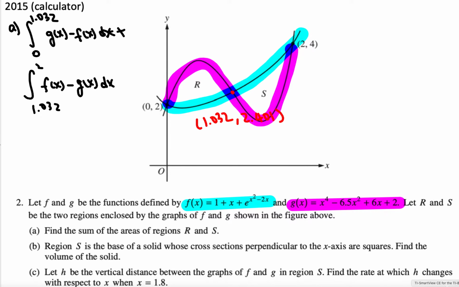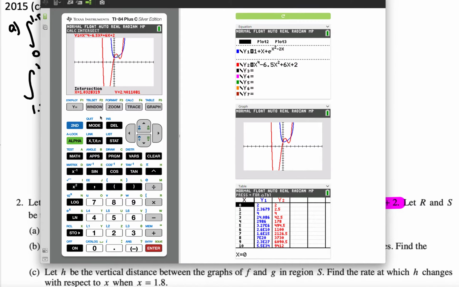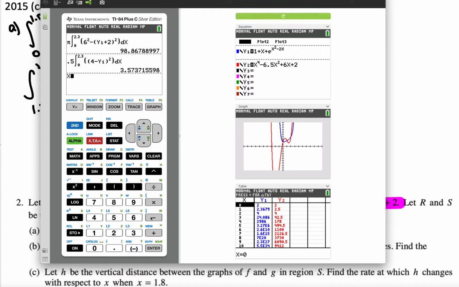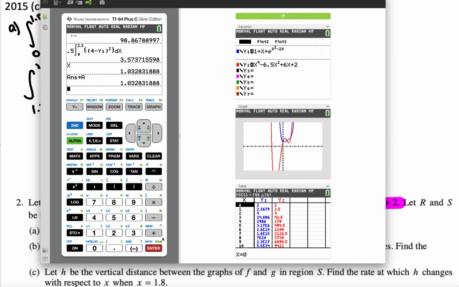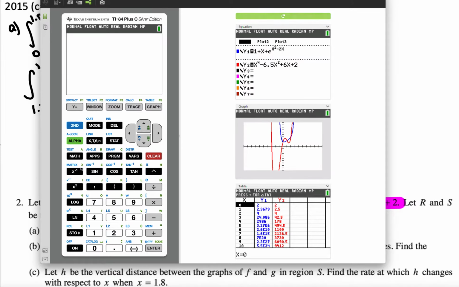So the way that I'm going to do with the calculator here is I'm going to quit, and if I type in x value, it's going to give me the intersection. So I'm going to store that to a, alpha a. And from now on, a is always that value. Now I'm going to integrate. So math, integrate number 9.